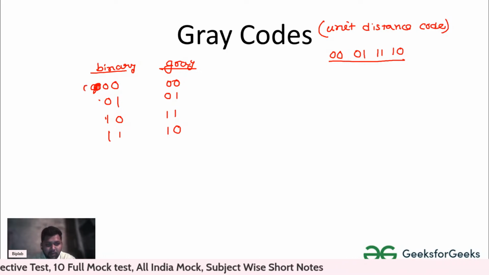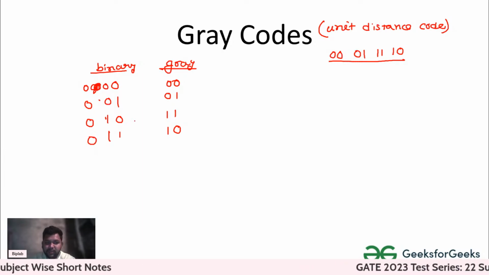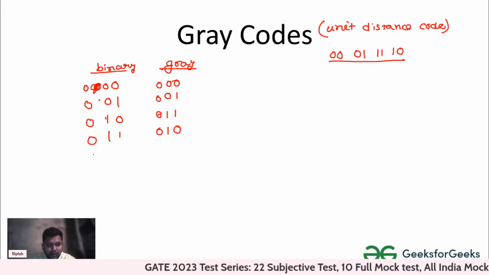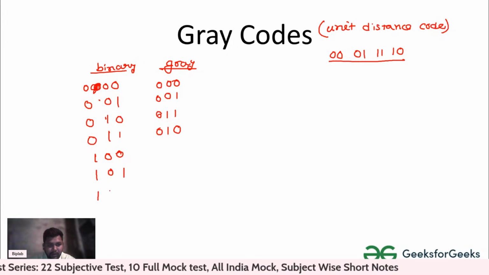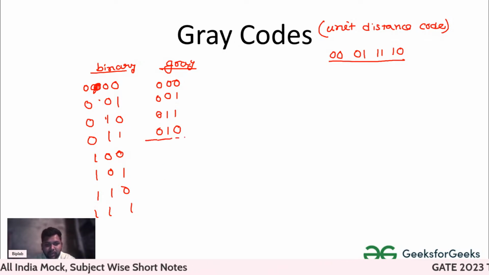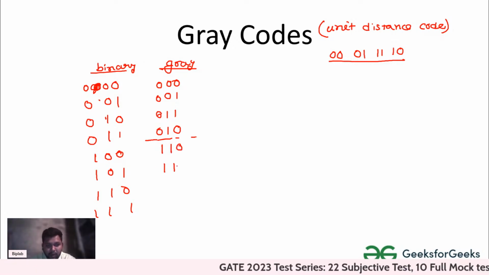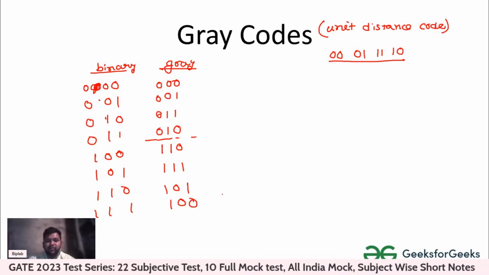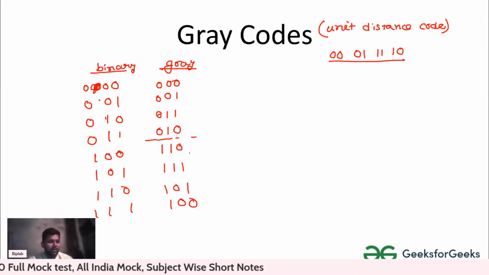When you add 0 here, it becomes 3 digits. So also add 0 here, and you will write 100, 101, the binary sequence. And here how will you write? You will mirror these numbers with 1: 110, 111, 101 and 100. This is how you can convert a binary number into gray code.